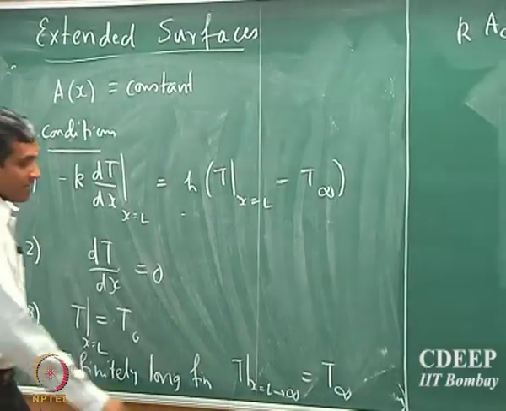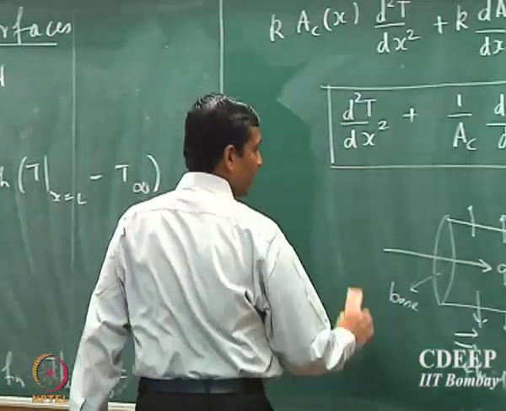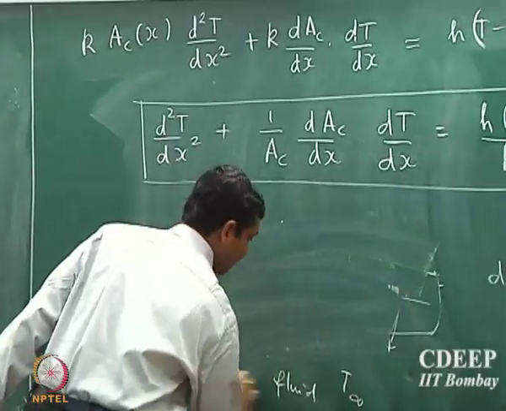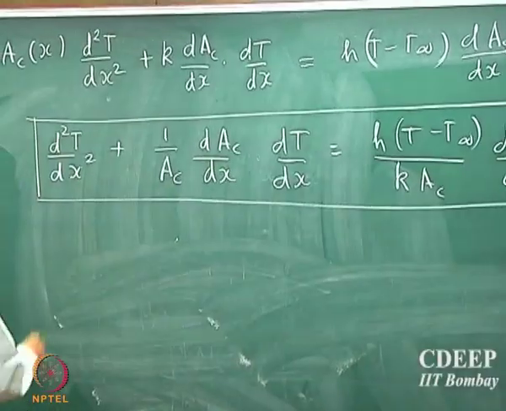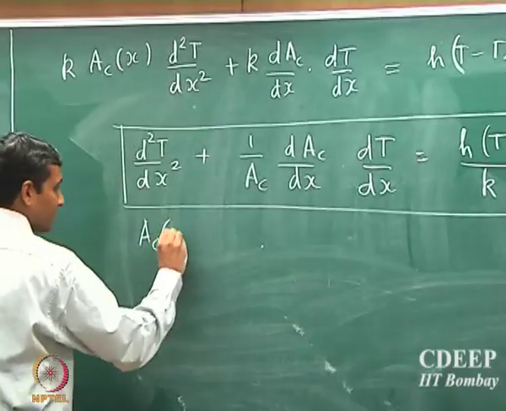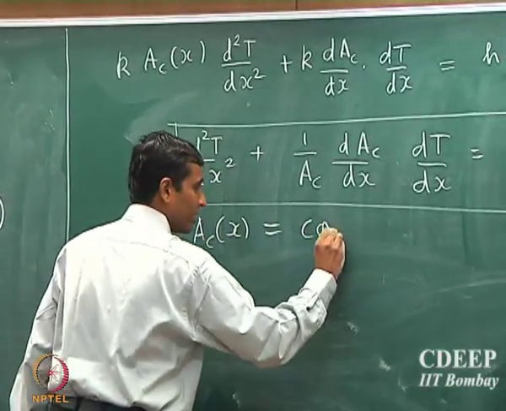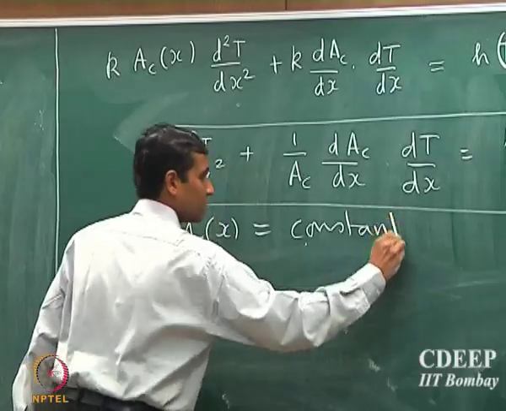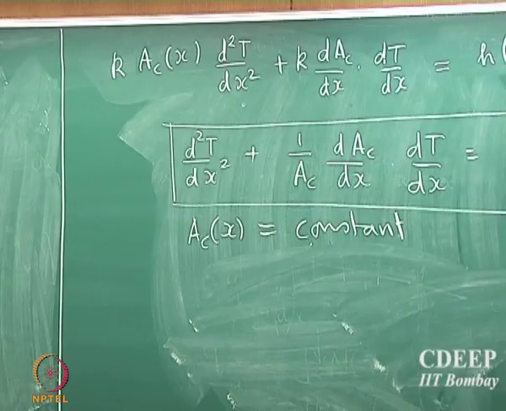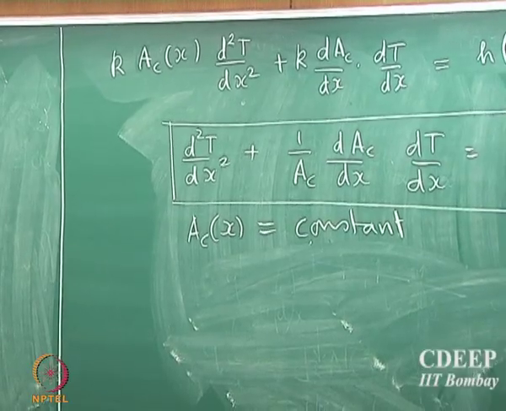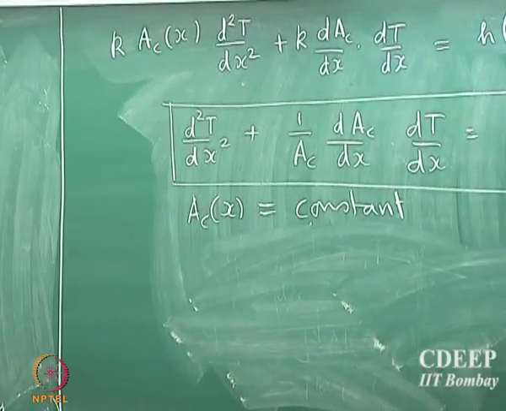Okay, alright, so next we go to a specific case where we assume that the cross sectional area is constant, which means that the cross sectional area is the same and therefore the curved surface area is the curved surface area of a cylinder.